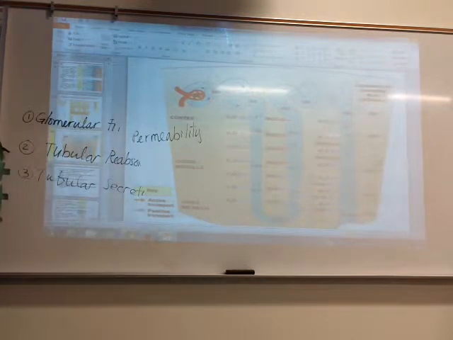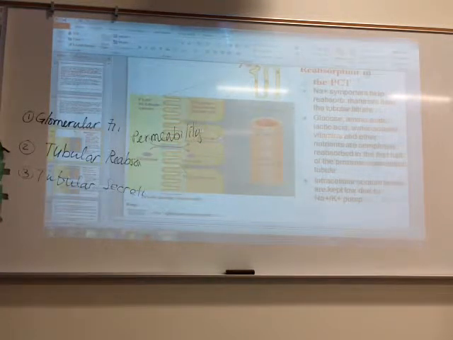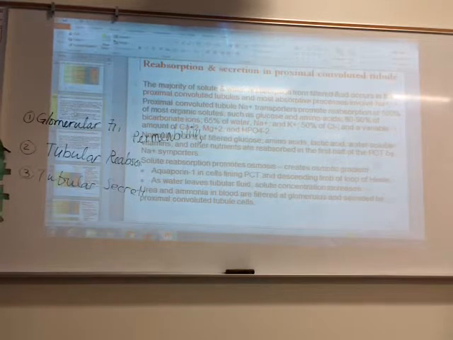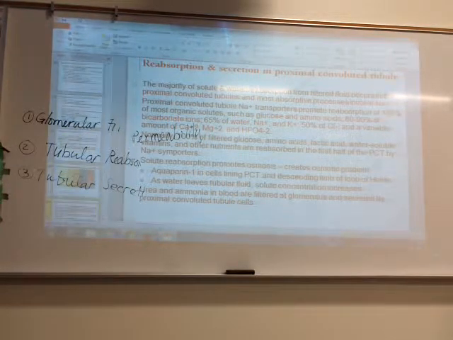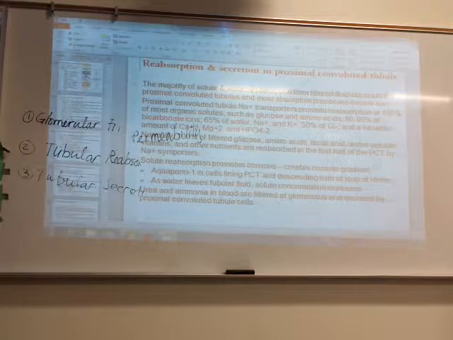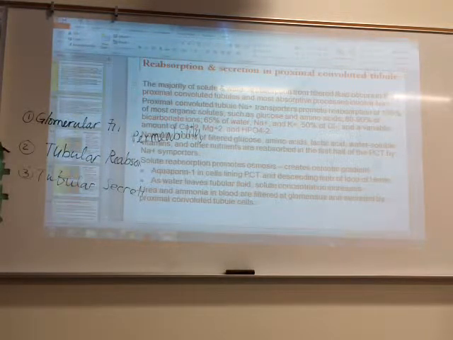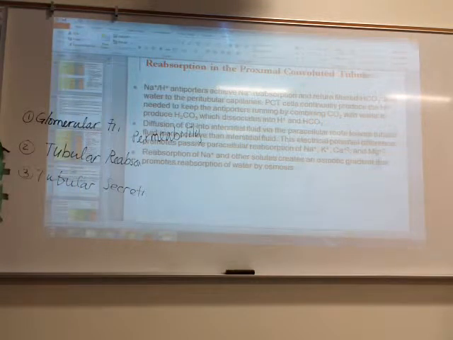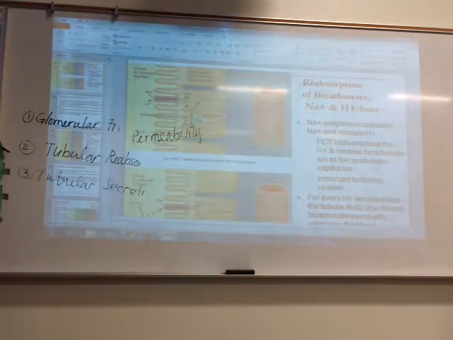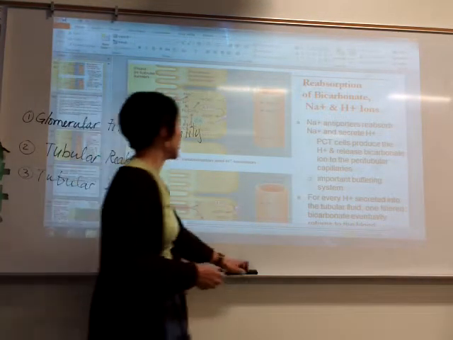Let's look at how they move out. There are different ways to move substances in and out of your tubules. As far as movement of the fluids in your tubules, there are two ways in general.